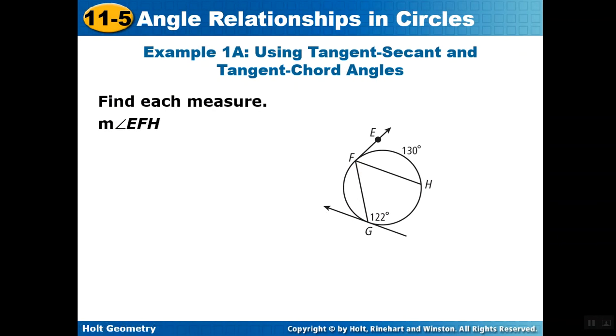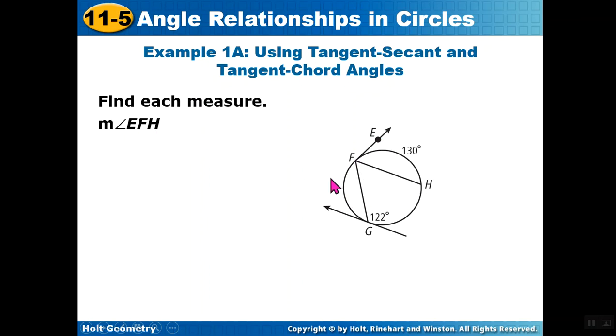Example on this theorem: find each measure. Find measure of angle EFH. Look, EFH is an angle which is formed by the tangent EF and the secant FH. Look at the name of the angle, EF and FH. EF is a tangent and FH is a secant.